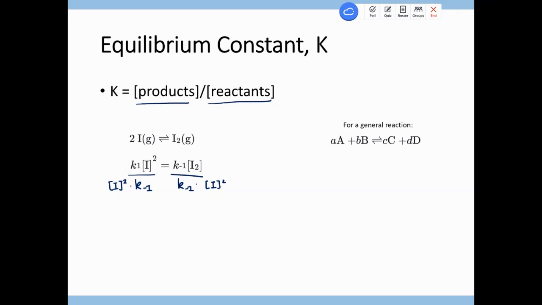We'll have it in the denominator over here. And then dividing by concentration of iodine squared, we'll cancel it out on the left side, and we'll have it in the denominator on the right side. So we will have now k forward divided by k reverse is equal to concentration of product divided by concentration of reactant. And that ratio is K.